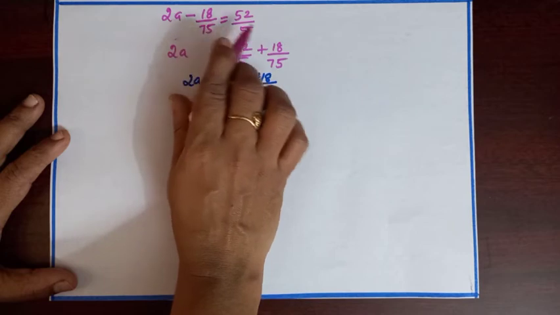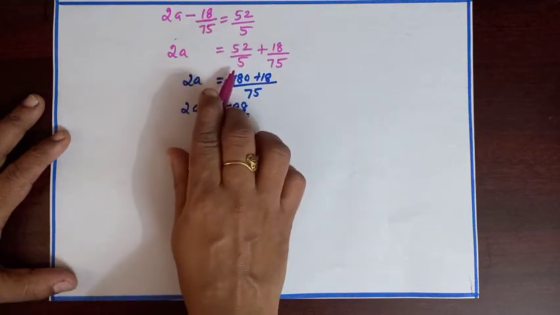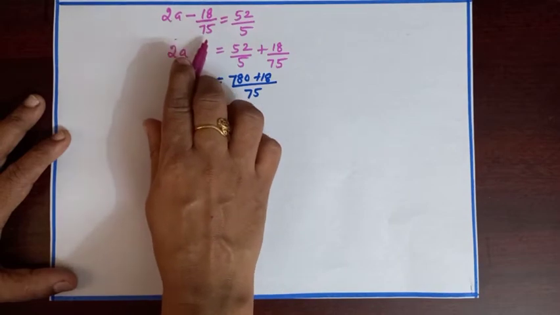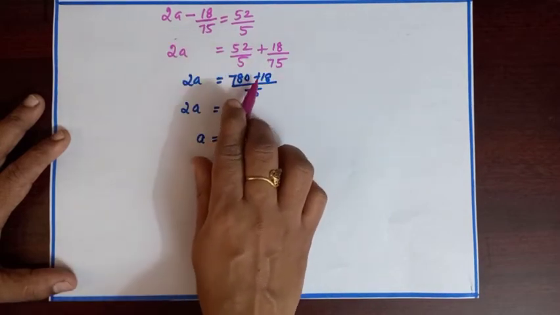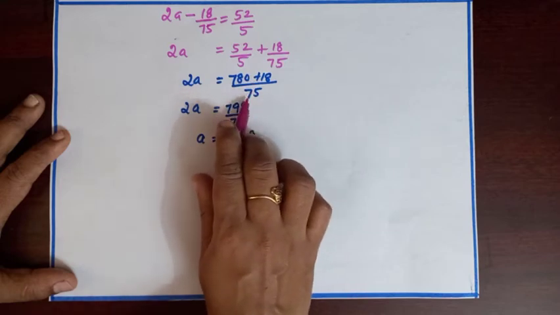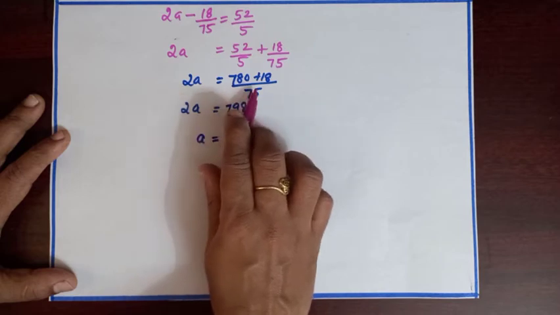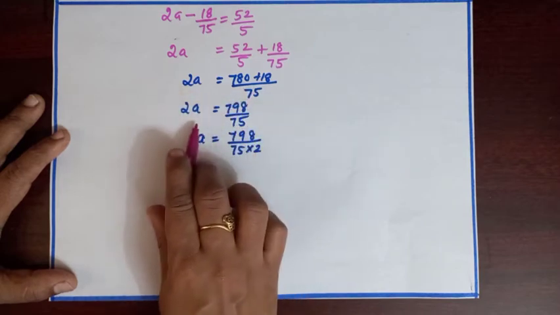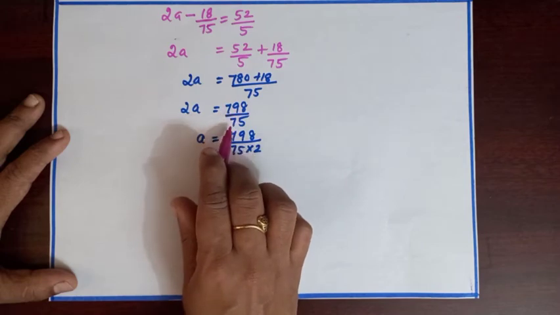Now collect all the numbers on the right hand side. Then 2a equal to 52 by 5 minus 18 by 75, which will become plus 18 by 75. On the right hand side we need to take the LCM. LCM is 75. Then we get 2a equal to 780 plus 18 by 75. 2a equal to 798 by 75.